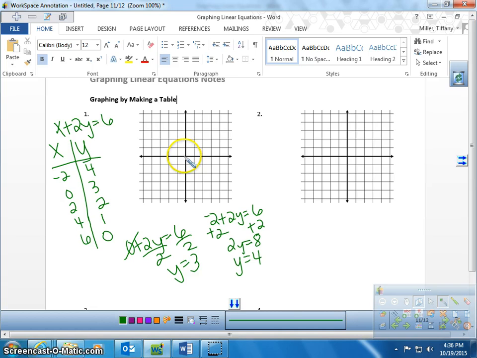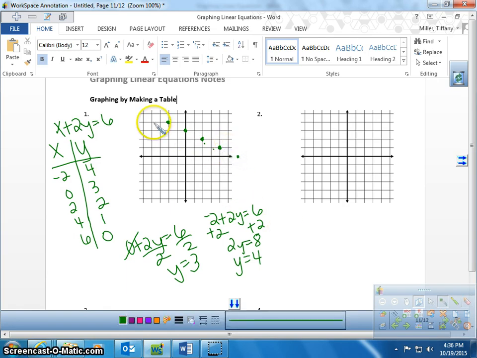And you're going to plot those on the graph. -2, 4; 0, 3; 2, 2; 4, 1; and 6, 0, which I don't have on the graph.